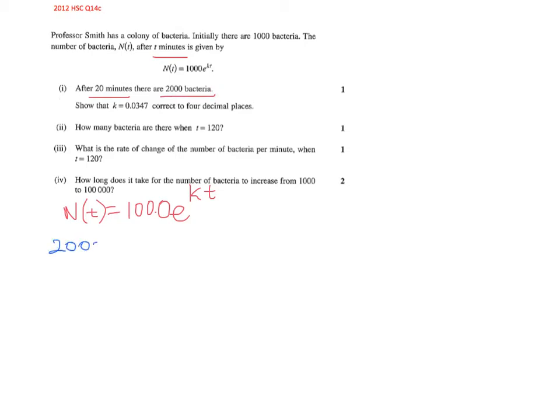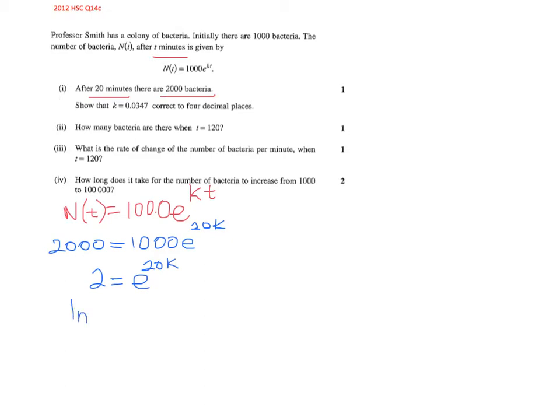So we've got 2,000 equals 1,000 e to the power of 20k. Now we're solving this for k. We're trying to show that k equals 0.0347. So dividing both sides by 1,000, you get 2 equals e to the power of 20k.